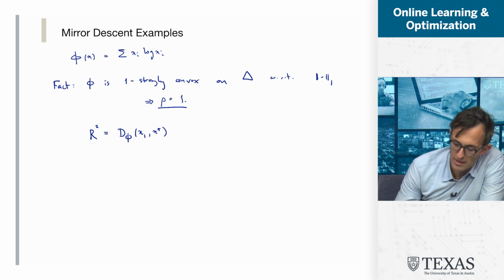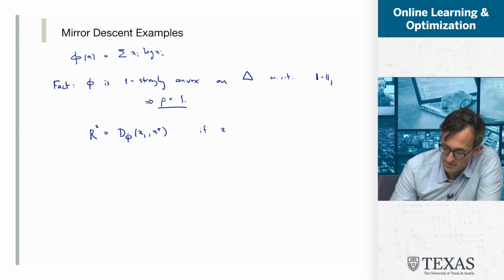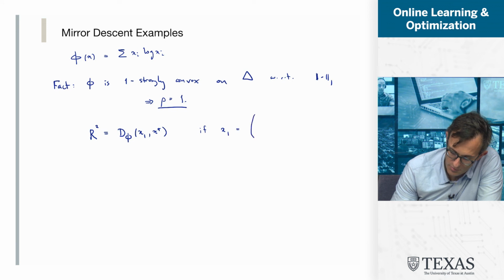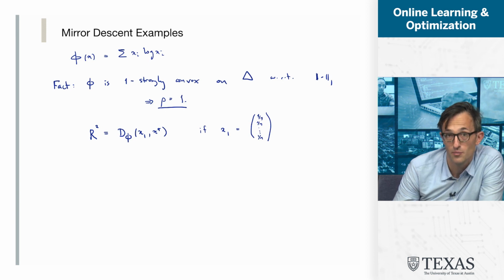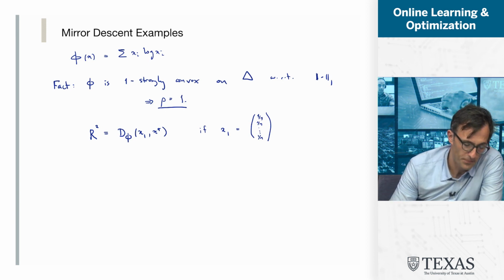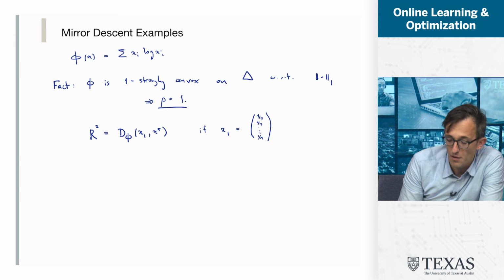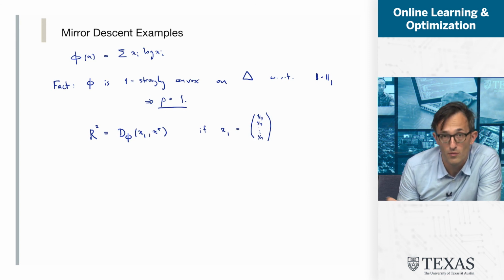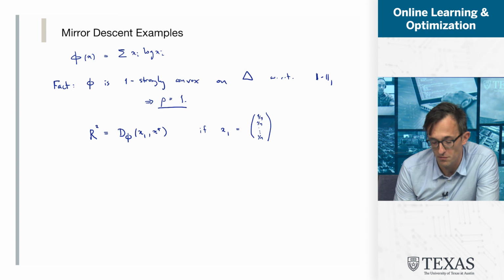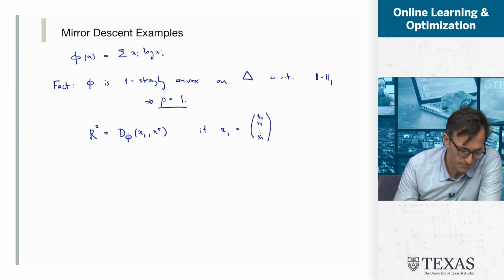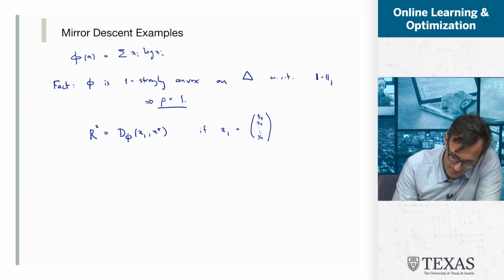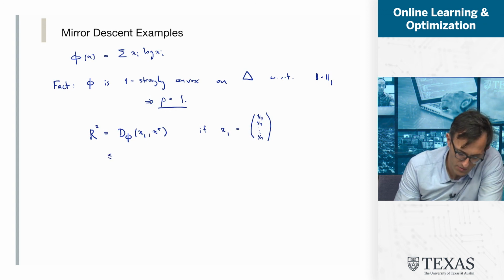I can always initialize: if we initialize at the point right in the center of the simplex, so x1 is equal to 1 over n, 1 over n, 1 over n, which sits right in the middle of that triangle, then I can find an upper bound to whatever x star happens to be. I don't know x star beforehand, of course. And you can show that this is less than or equal to log n. So let's plug these numbers into our bound.